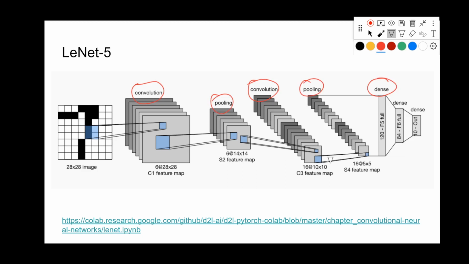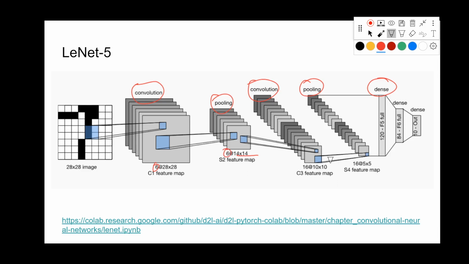You will use the convolution layer to produce the 6 feature maps, and then use the pooling layer to reduce the feature map from 28 by 28 to 14 by 14, and it still has the 6 layers here.